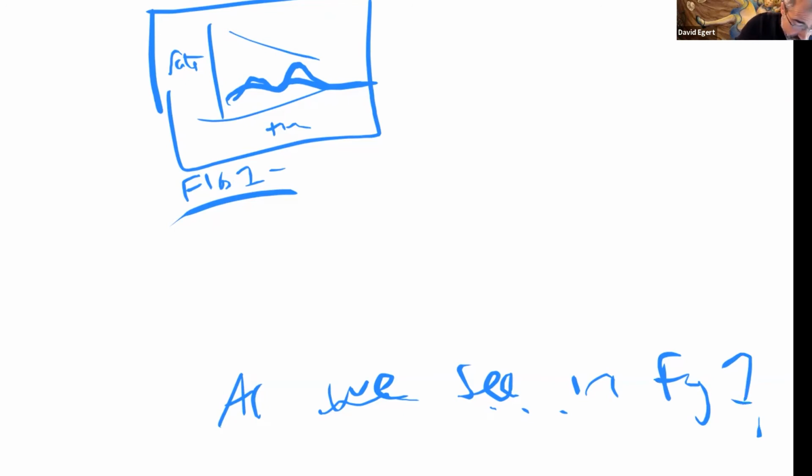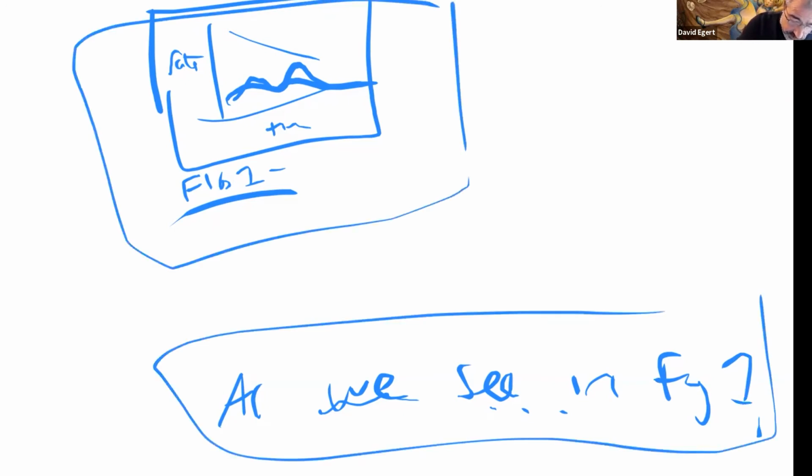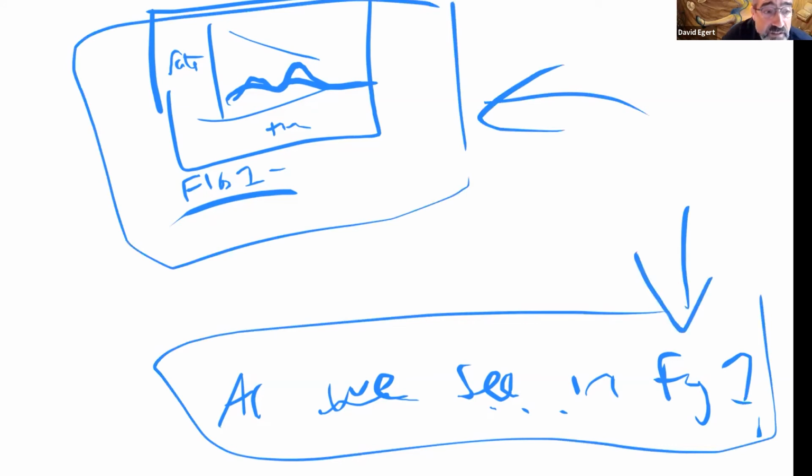But you need to make sure that you integrate your graphs into the text using figure numbers.